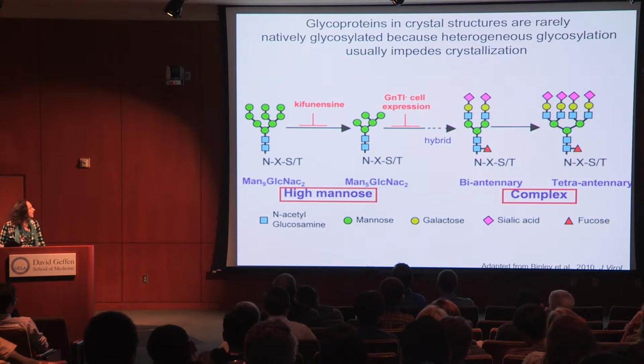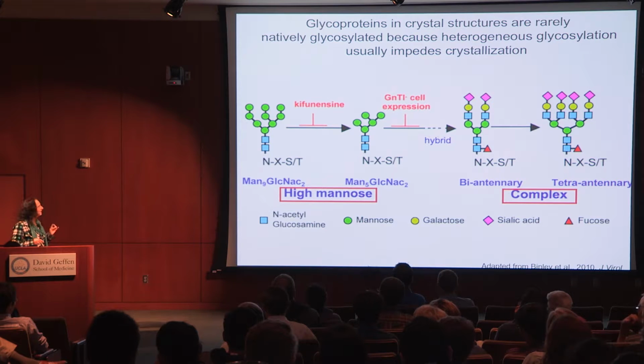Okay, so when we do crystallography, as someone who has only worked on glycoproteins for my whole career, we hate glycosylation. We really hate it because it's heterogeneous, and it usually impedes crystallization because it's a chemical mess. Glycoproteins are not really fun to try to crystallize.